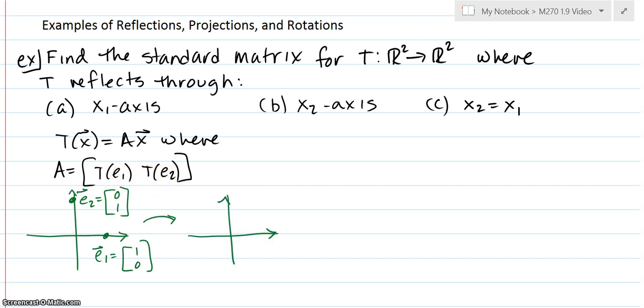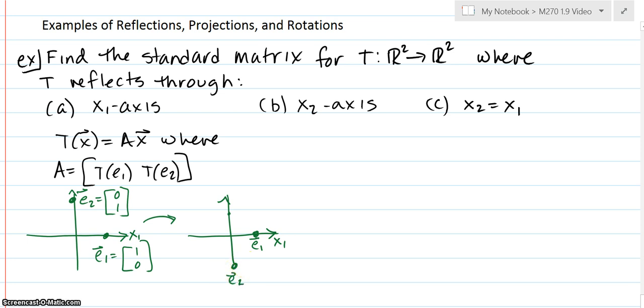Since we're reflecting through the X1 axis, which means that here's X1 on each one of those, that T of E1 is going to stay the same. That's where E1 is going to go. But E2 is going to flip across the E2 axis.